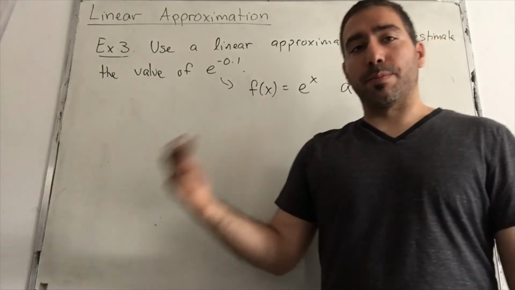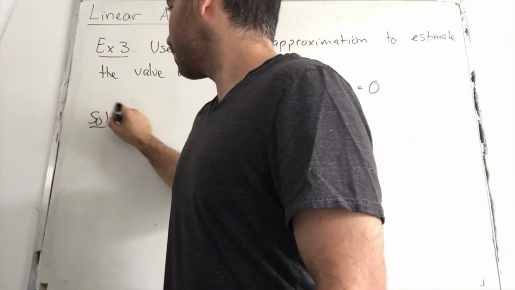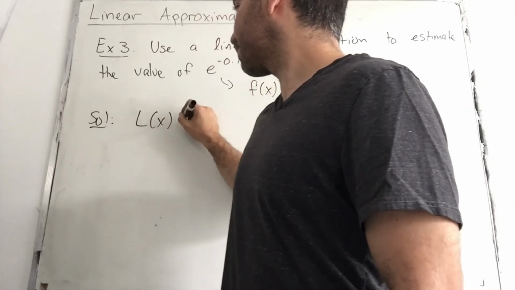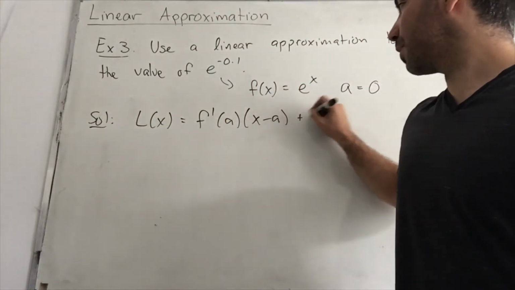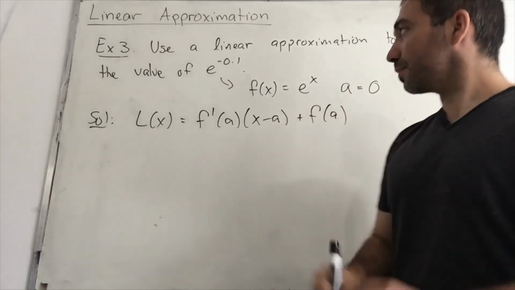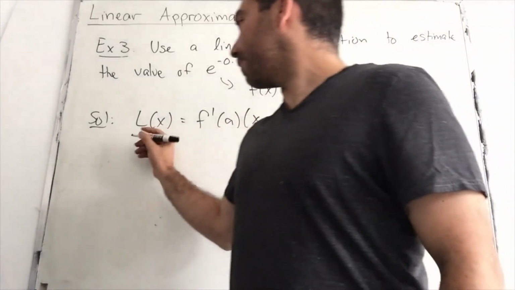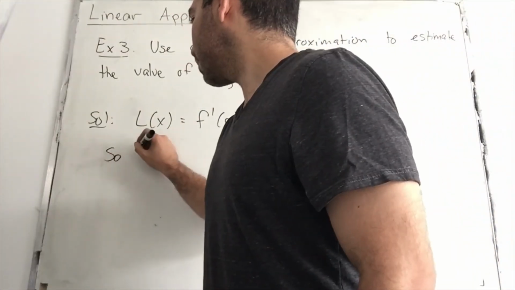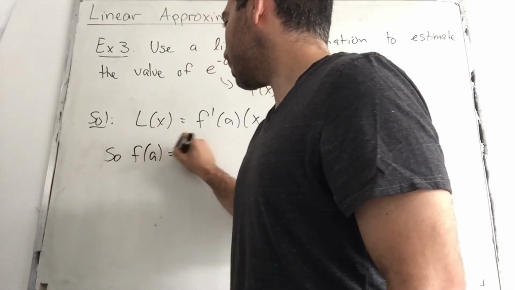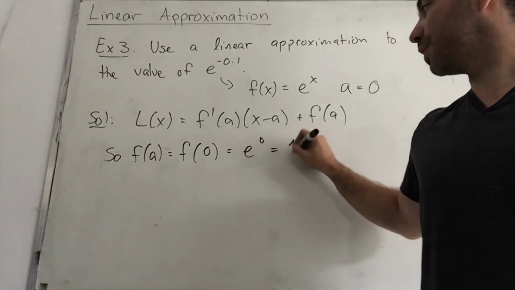And now we go through the same process. Let's go ahead and use the linearization formula. L of x is equal to f prime of a times (x minus a) plus f of a. We figured out f of a: a is 0, f of x is e to the x, so f of a is equal to f of 0, which is e to the 0, which we said is 1.